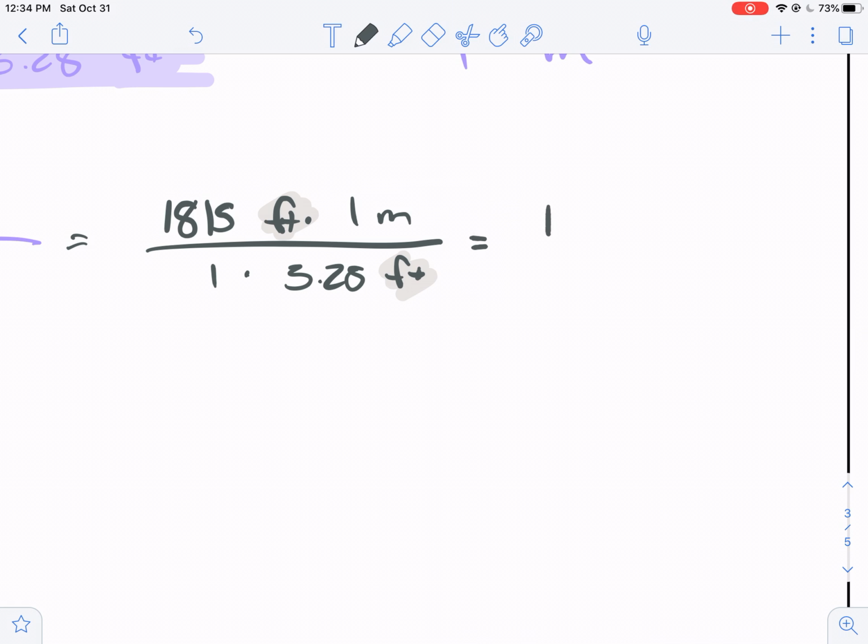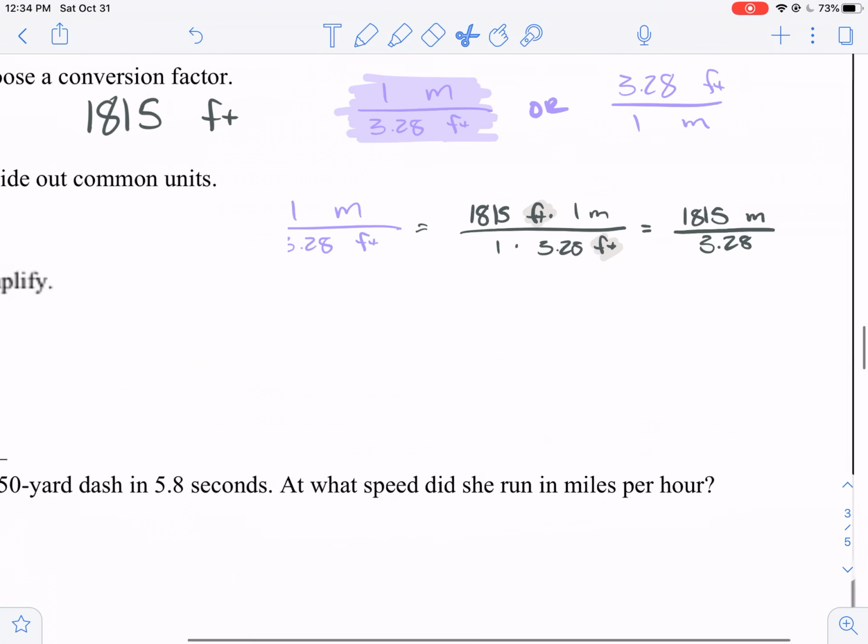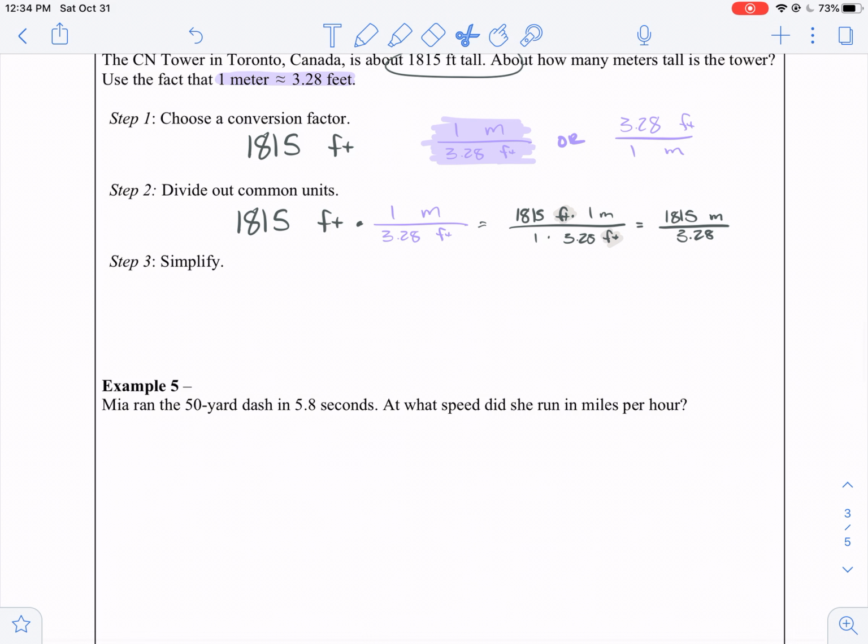So that gives us 1,815 meters over 3.28. Oh, sorry, the feet got canceled out. Just 3.28. Awesome. And then we do whatever that division is. 1,815 divided by 3.28 is approximately 553 meters.